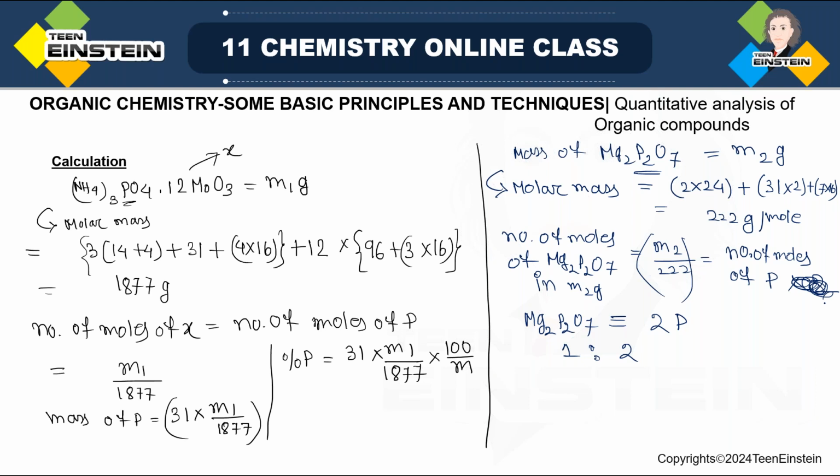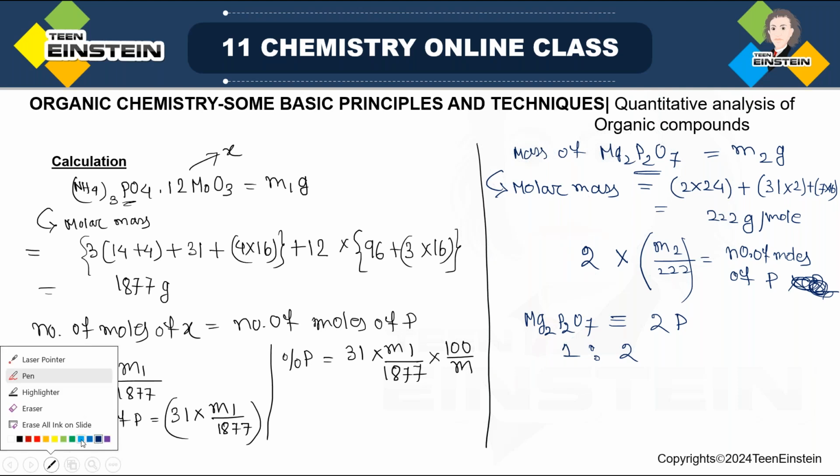Here we should not multiply it with 2 on the other side. Whatever you get from M2 divided by 222, you just have to multiply it with 2. Then only you will get the number of moles of P. So I am writing that the number of moles of phosphorus is 2 into M2 divided by 222.